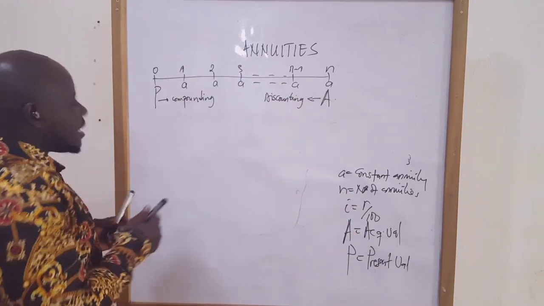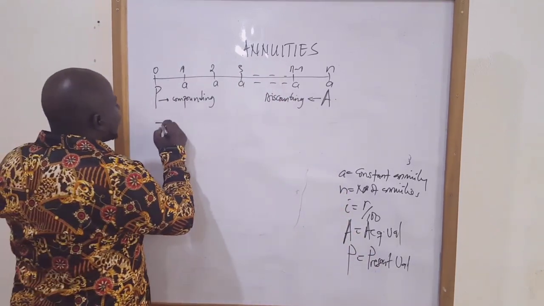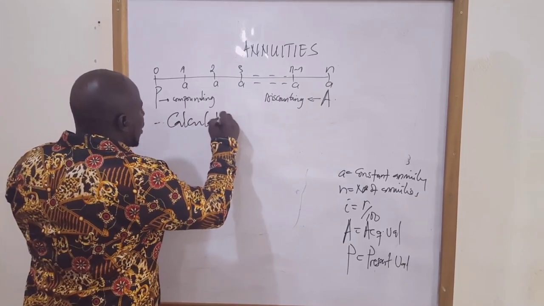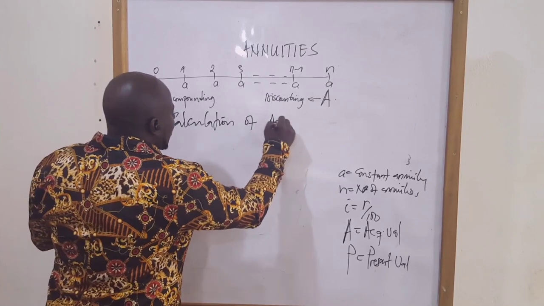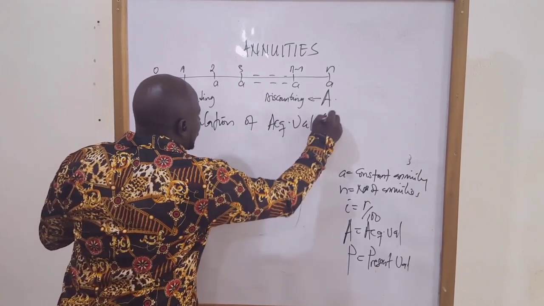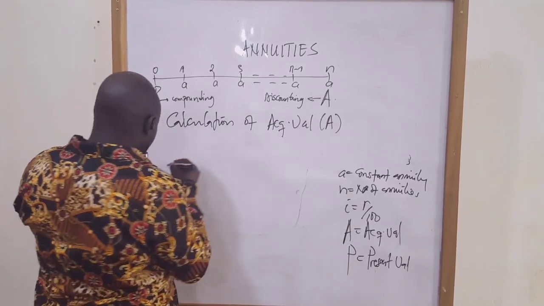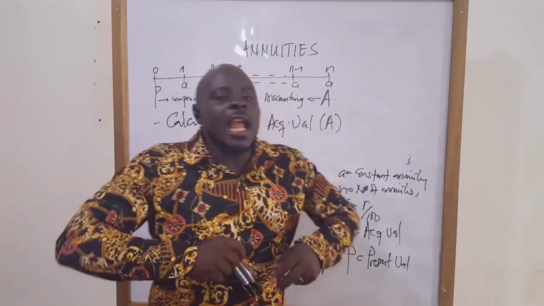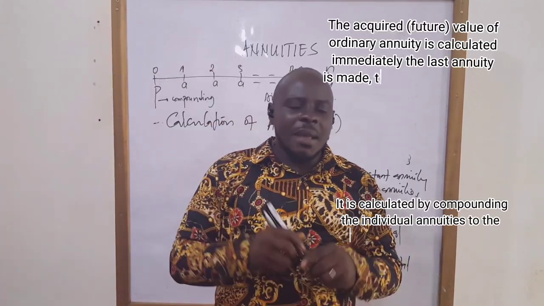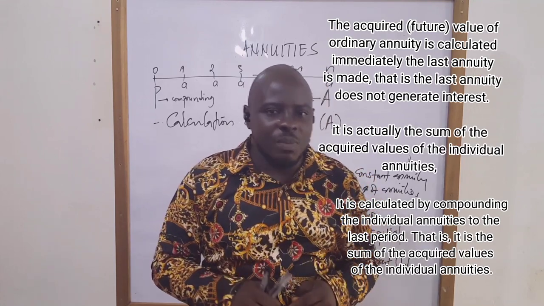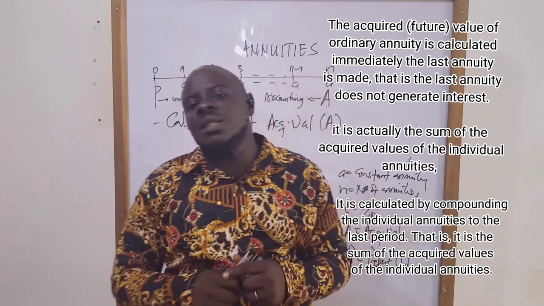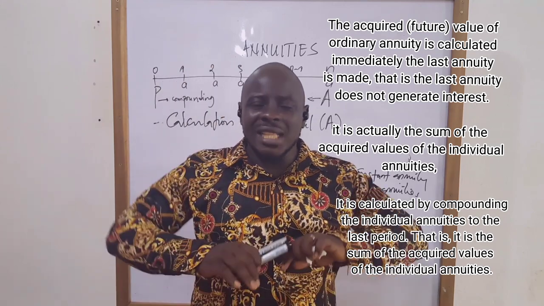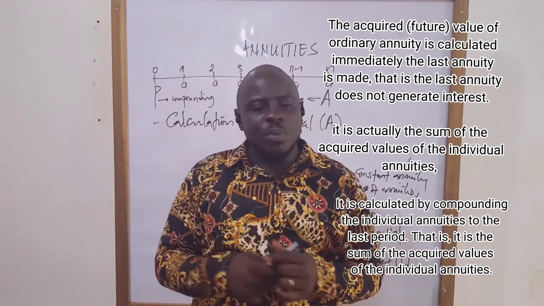Okay, we have this. Let's see. Calculation of acquired value A. This is nice. The acquired value of an ordinary annuity is calculated immediately the last deposit is made. Number 1, this means that the last deposit or the last annuity does not generate any interest, and that is going to be proven.